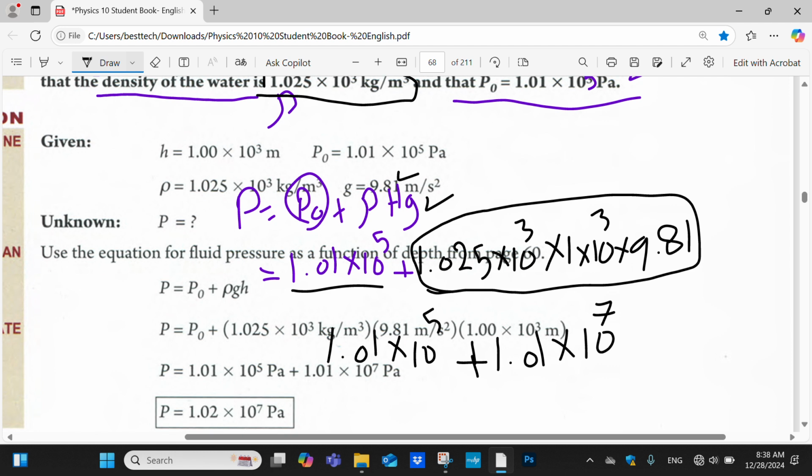Let me do it by calculator. 1.025 times 10 power 3, times 10 power 3, times 9.81.